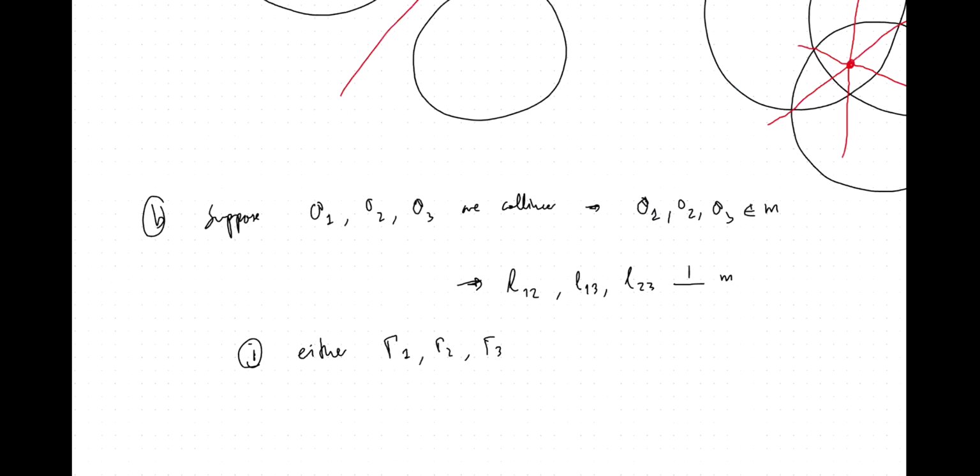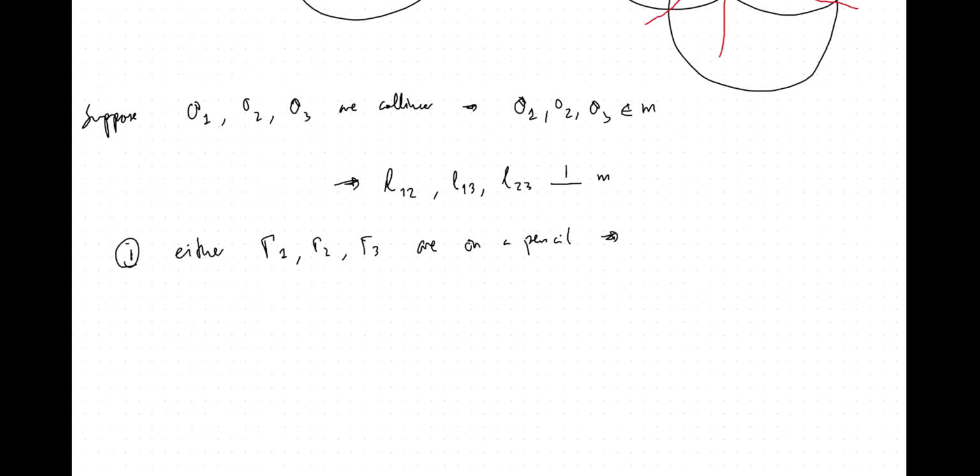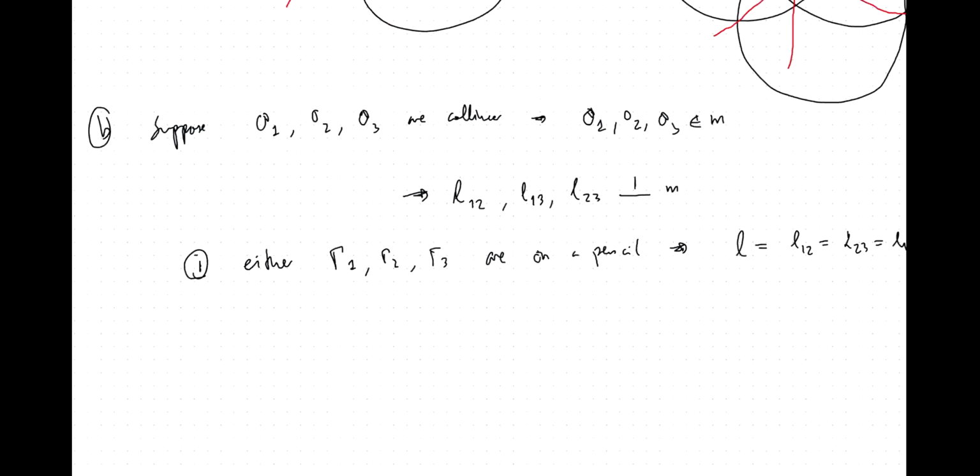So in this case, either these are on a pencil, then there is one radical axis L. All of these are the same. Or they are not on a pencil.